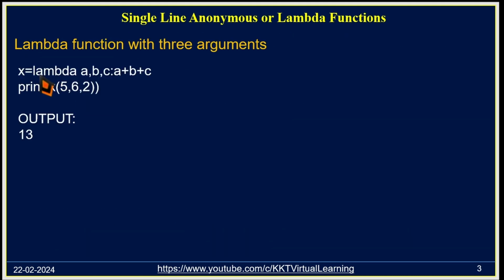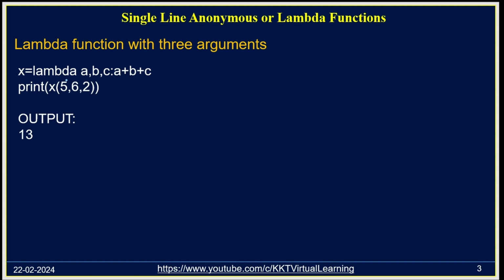Now let us see a lambda function with three arguments or parameters. Here: a, b, c colon a + b + c. This lambda function is assigned to x and you can pass three arguments to this x. So x(5, 6, 2).